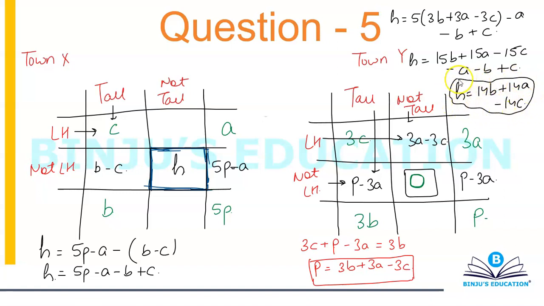So this is the value of H that we are looking for. Okay. So the value of H that we are looking for is 14 times (A plus B minus C).